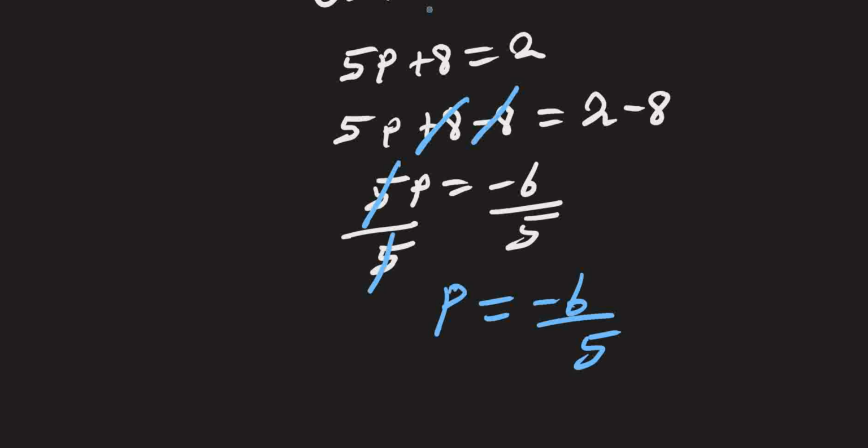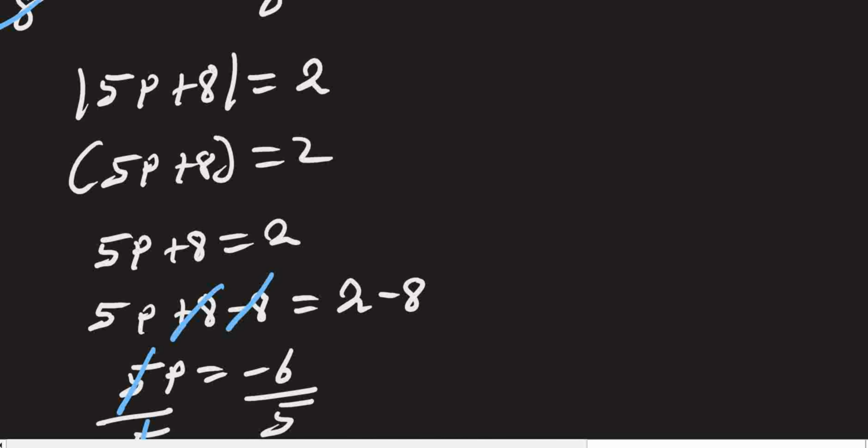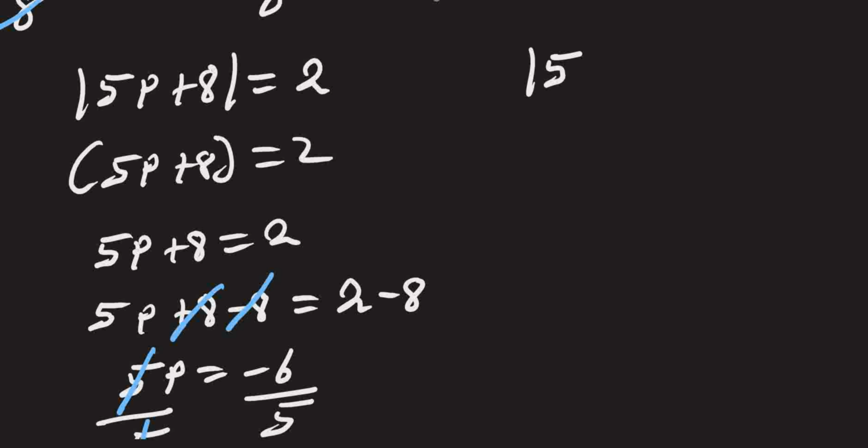On the other hand, the absolute value of 5p plus 8 is equal to 2. Place a negative sign before the absolute value symbol, and now replace that with parentheses.